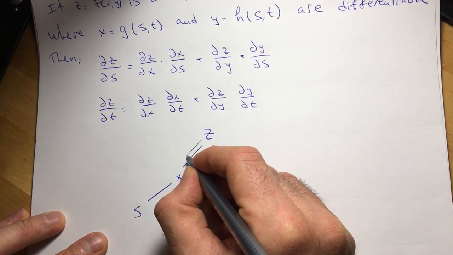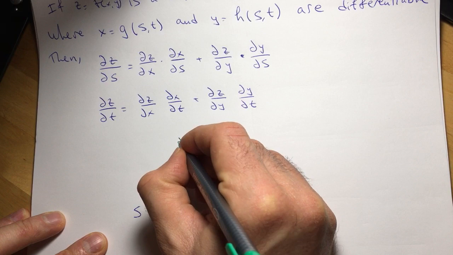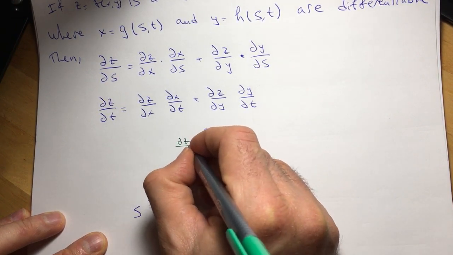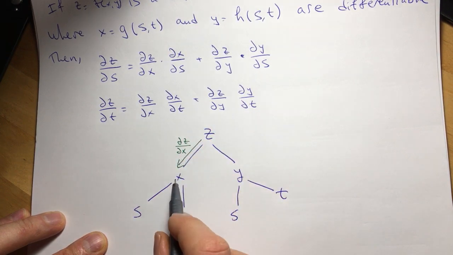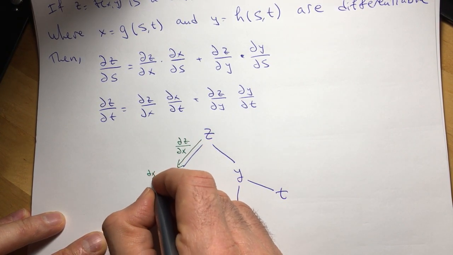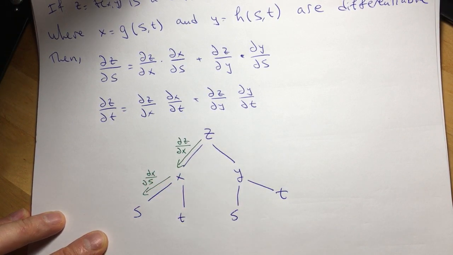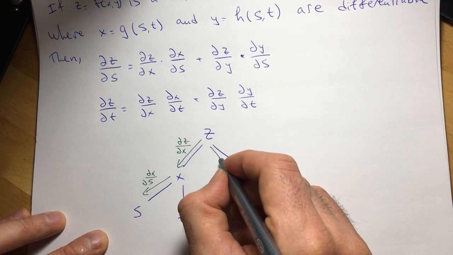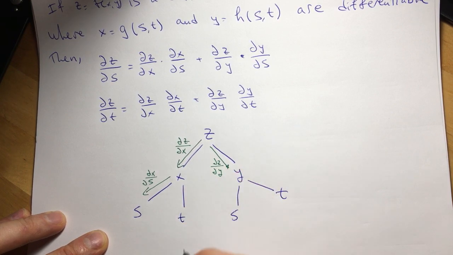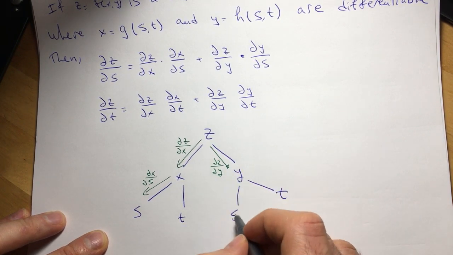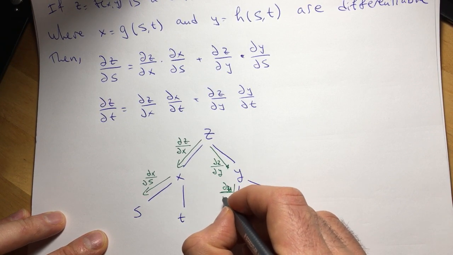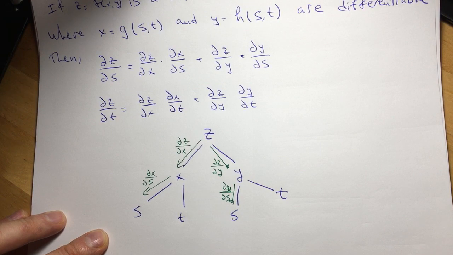First we have to get to x, so z depends on two variables, so we'll get there by partial z partial x, and x depends on two variables, so times partial x partial s plus partial z partial y, and y depends on two variables times partial y partial s.